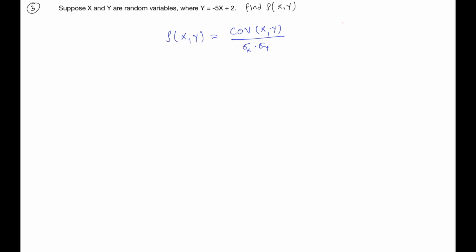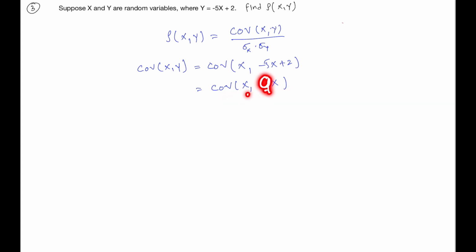So first of all, we need to calculate the covariance between the random variables x and y. Y is given in terms of the random variable x, so we can write that as the covariance of the random variable x and -5x plus 2. Now we can simply drop the constant, as we have seen from the property, so that would be the covariance of x comma -5x. This can be written as, so this is minus, so this is A, right?